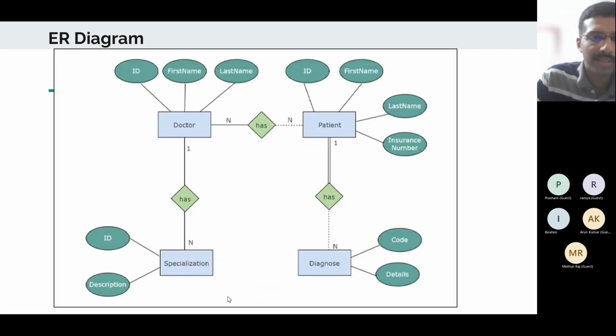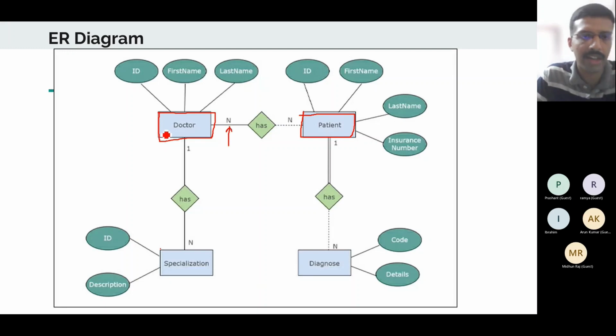Now let's consider the case between a doctor and a patient. So my entities here, if you see, are these boxes. One is doctor, one is patient. We will see that first, and then come to the other parts. This N here denotes the cardinality.